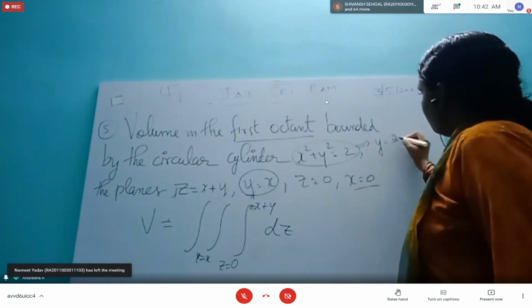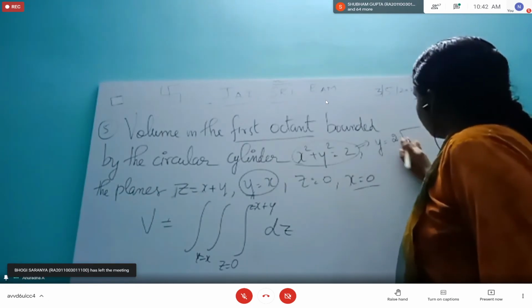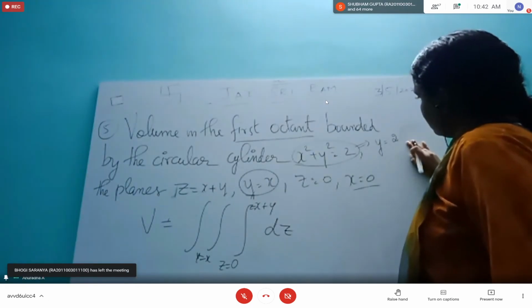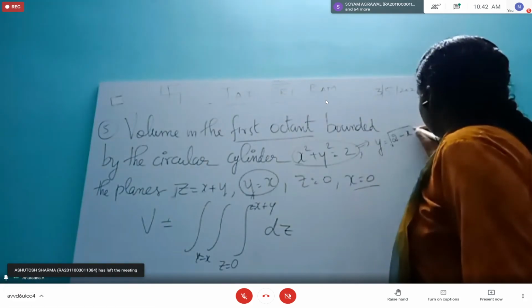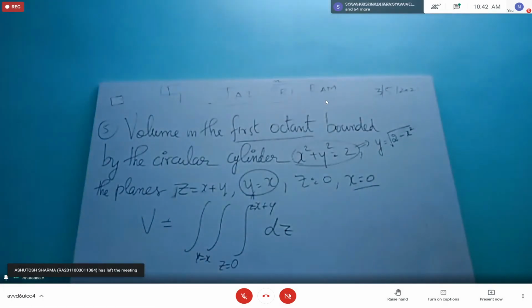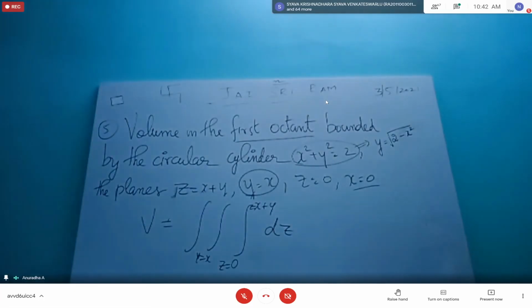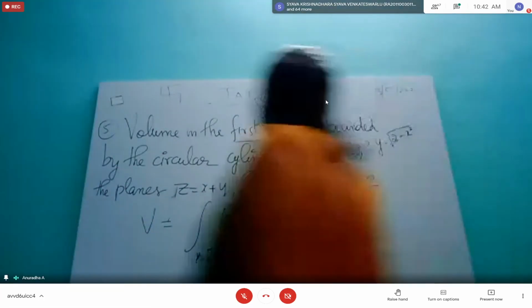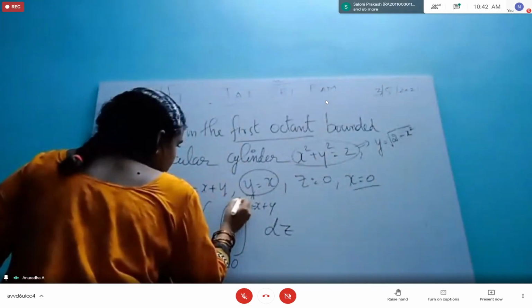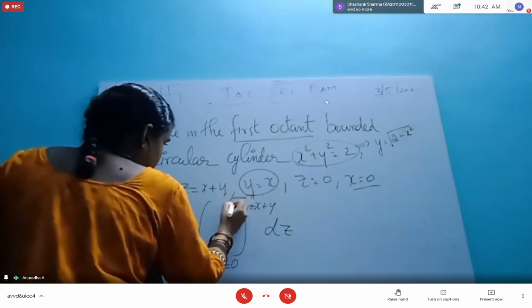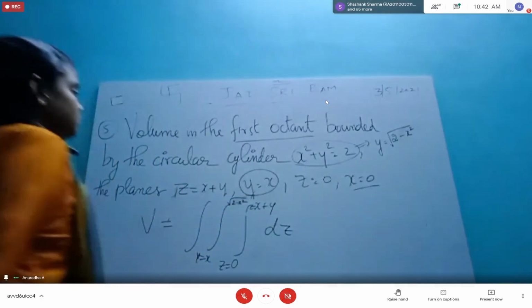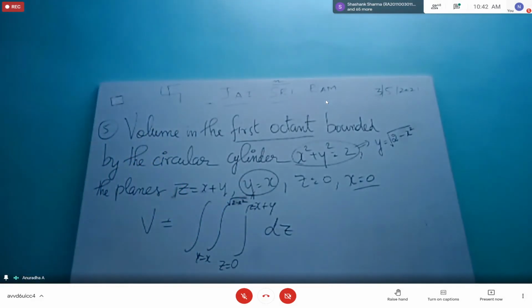So it will be the square root of 2 minus x square. That will come as the upper limit.